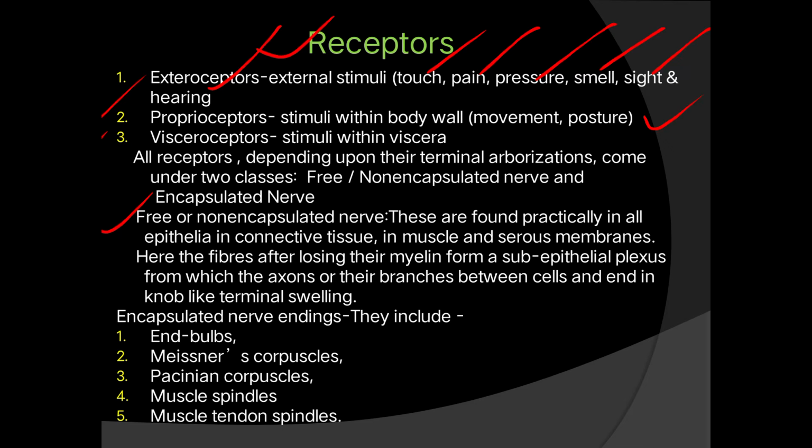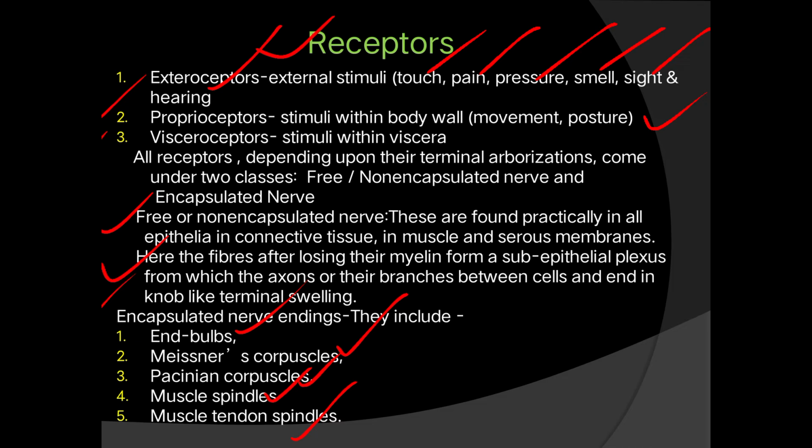Here the fibers, after losing their myelin, form a subepithelial plexus from which the axon and their branches between cells end in knob-like terminal swelling. Then encapsulated nerve endings include end bulbs, Meissner capsules, Pacinian capsules, muscle spindles, and muscle tendon spindles.